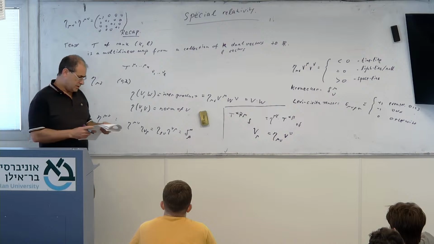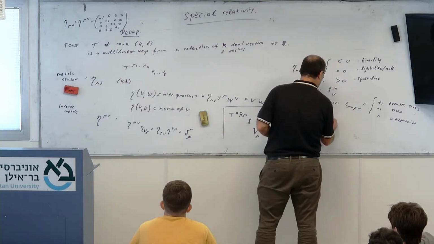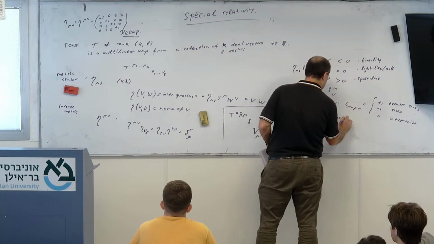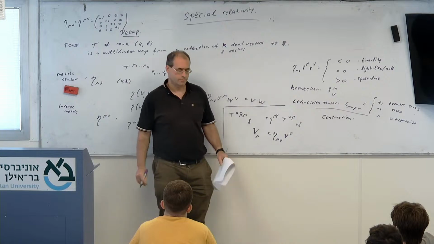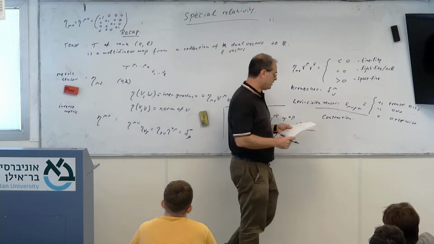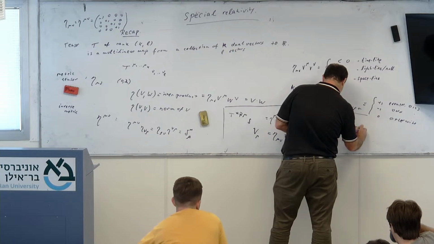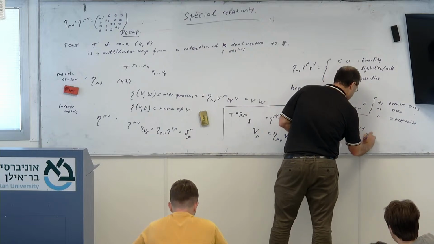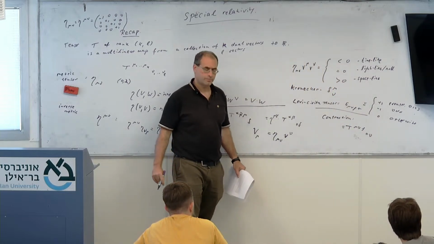And then the last thing, we said we can do contraction with tensors. What is a contraction? Summation over all of the indices. So if I have T mu and mu rho sigma nu, that is equal to what?